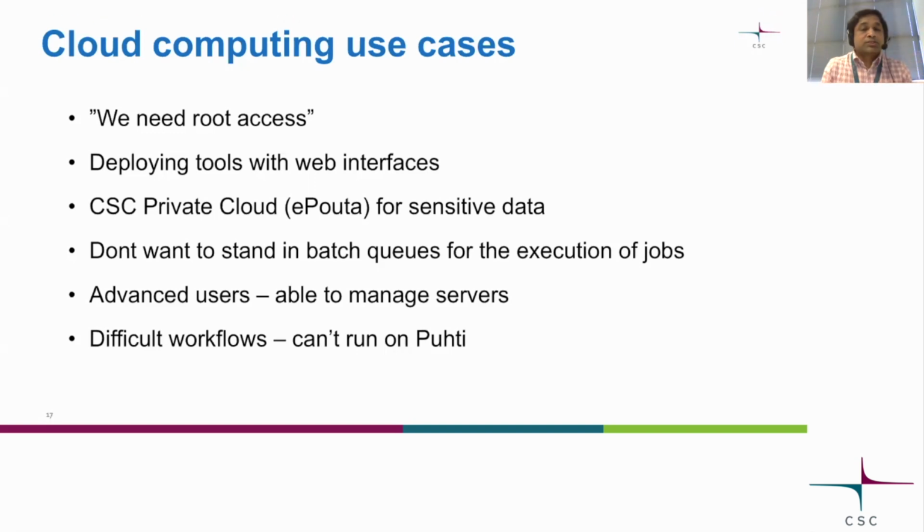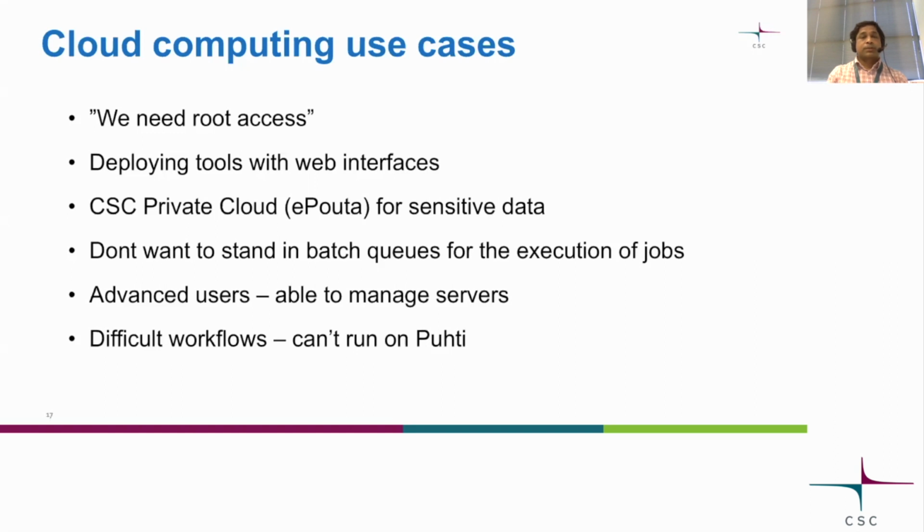Or you think that you can manage better than what's available there. Sometimes there may be complex scientific workflows that you think you can better optimize and run in a cloud environment, then of course you can use it.